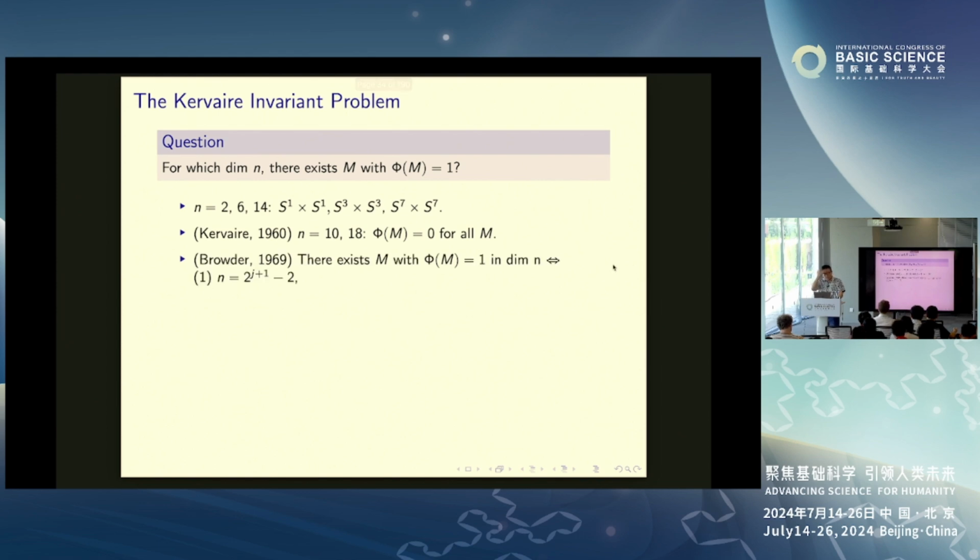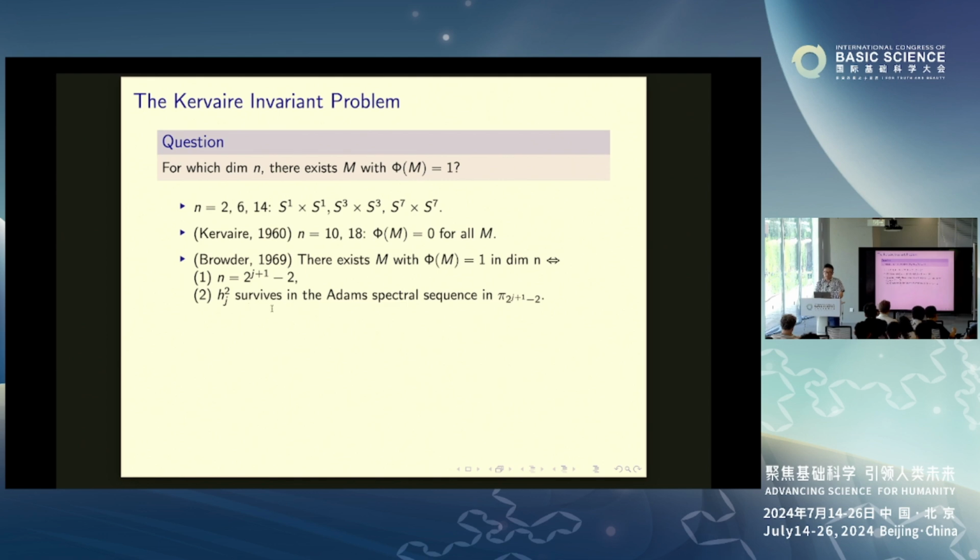But anyways, the next breakthrough in this Kervaire invariant problem is due to Bill Browder, who proved that there exists a framed manifold with Kervaire invariant 1 in dimension n if and only if, first of all, n has to be of the form 2 less than a power of 2, and then there is a certain statement in algebraic topology which has to hold.